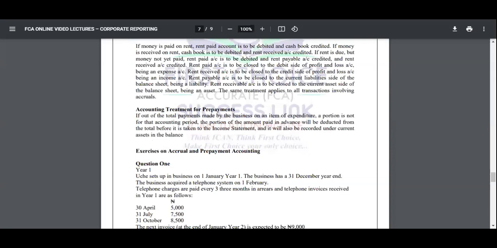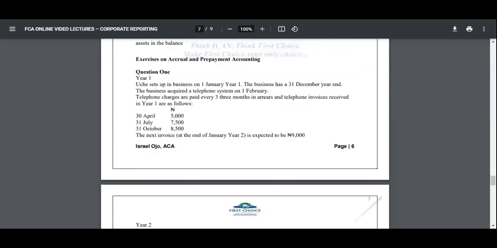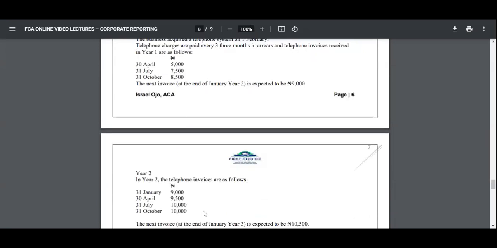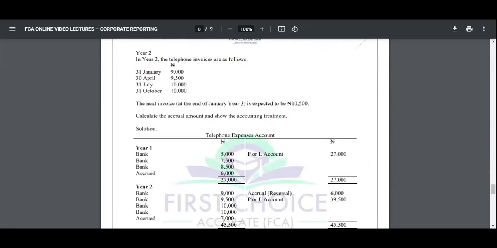Telephone charges are paid every 3 months in arrears, and telephone invoices are received as follows. The next invoice, in year 2, is expected to be 9,000 naira. The next invoice to be paid in year 3 is how much?